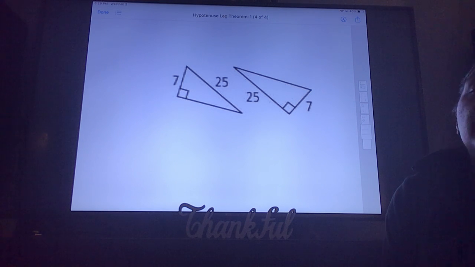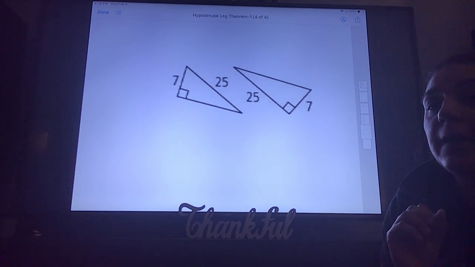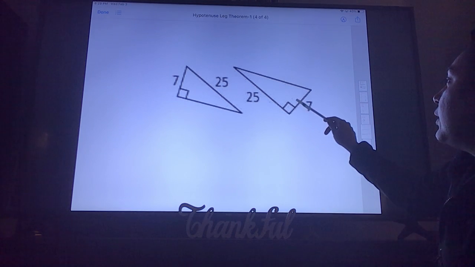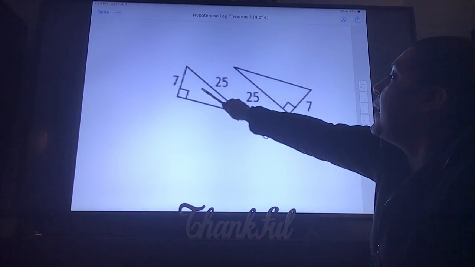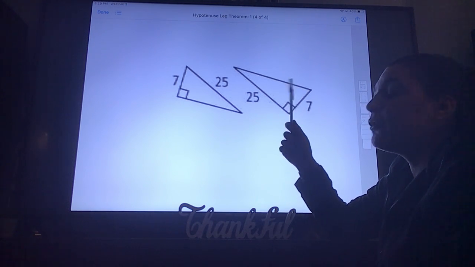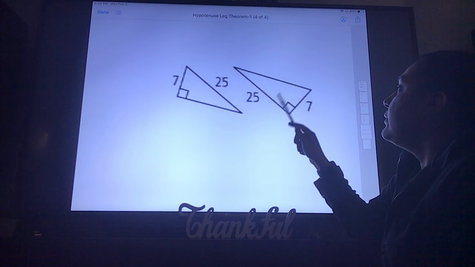We need congruent hypotenuses. Okay, do we have that? Now, at first glance, some of you guys are going to say, yeah, 25 and 25. However, if we look at this first one, this hypotenuse is 25. And the reason that I know that's the hypotenuse for sure is because it's across from the right angle. Now, let's look at the other one.